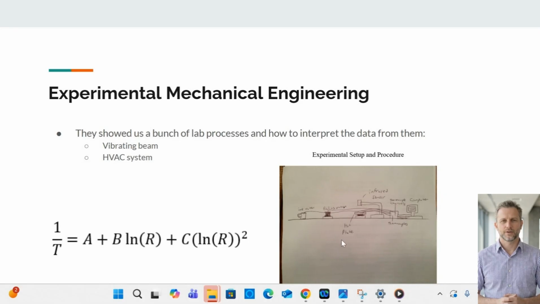This is a diagram of what it looked like. You had ice water and boiling water to calibrate the thermocouple, then sensors, and then programming it to say the ice water is where it must be 0 degrees Celsius, and the boiling water is where it must be 100 degrees Celsius, using this kind of equation to do some calculations in the computer.